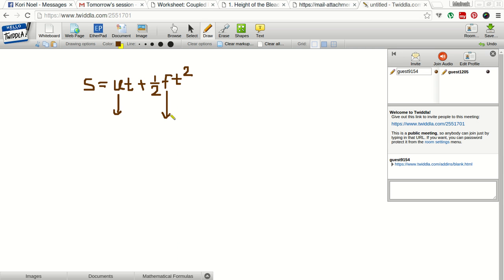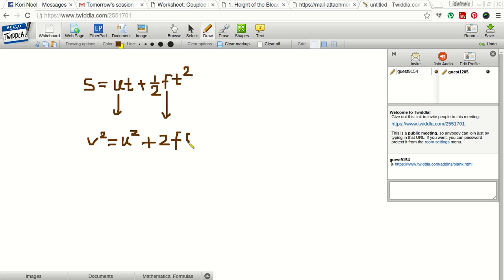Now, can you tell me what is the next equation that involves this s quantity, the total distance traveled? Final velocity squared equals initial velocity squared, v squared equals u squared plus twice f s.